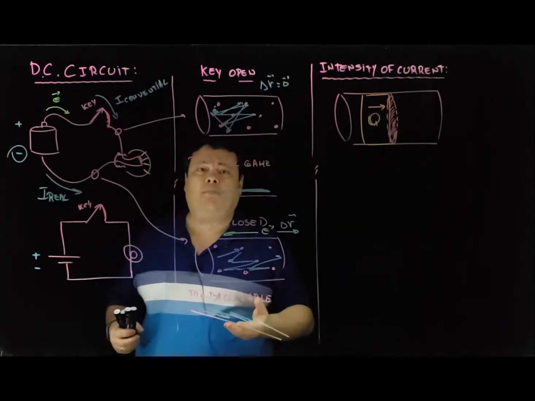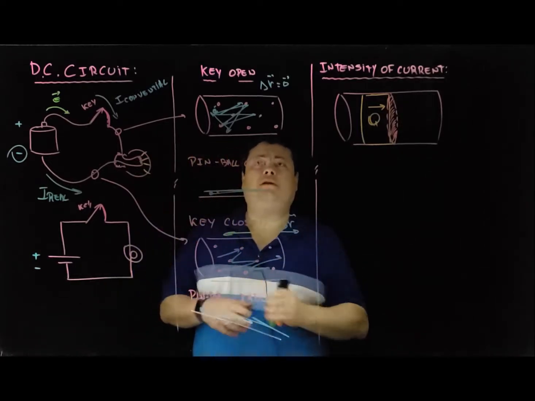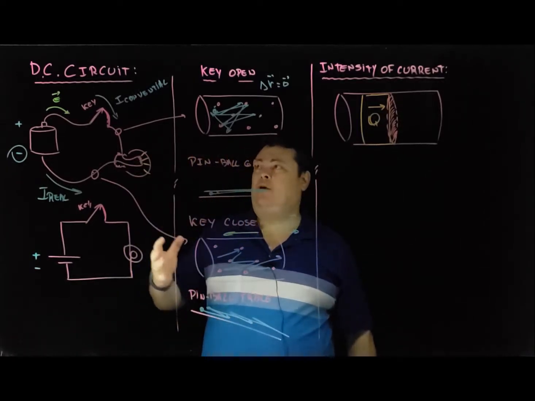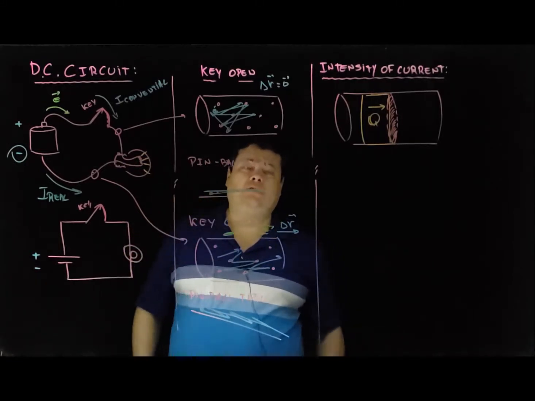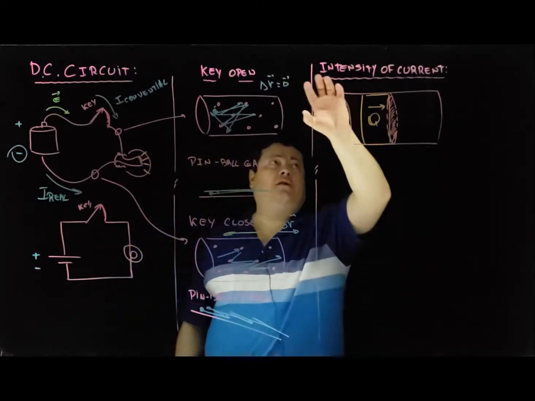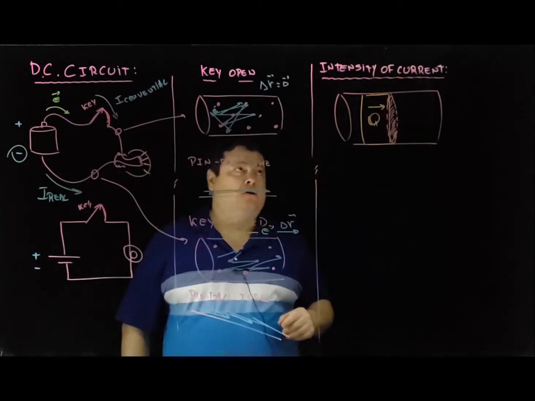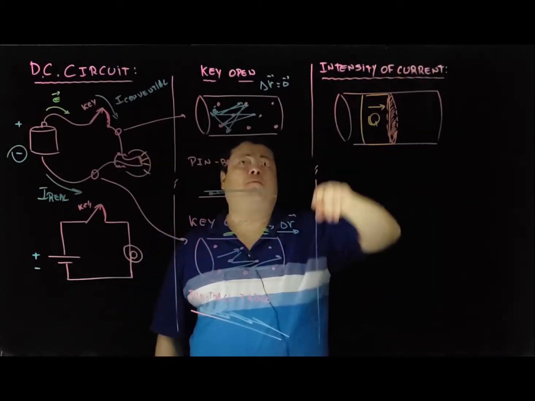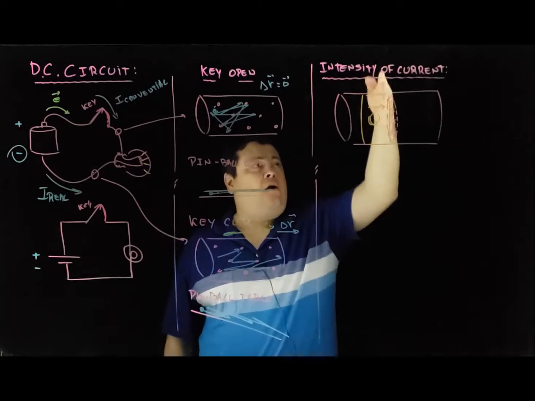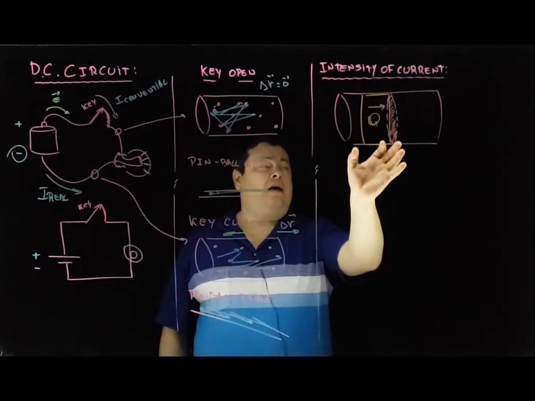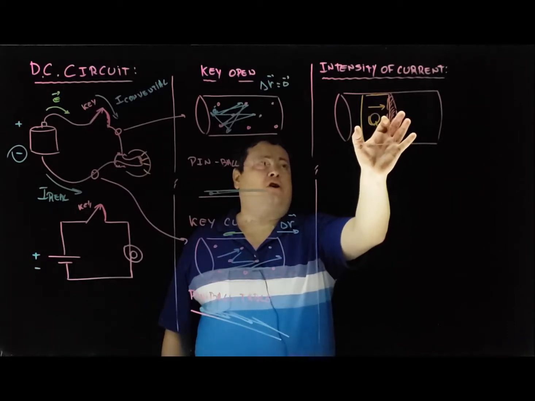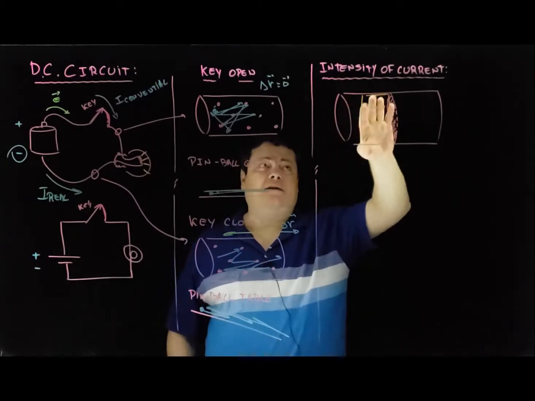After talking about why this current is established, how it is, and its direction of motion, we need to define the intensity of current. So we're going to consider again our copper wire, a cross-section region of it, a point where I made a cross-section, and a region where there is a chunk of charge that is moving, in my example, to the right.